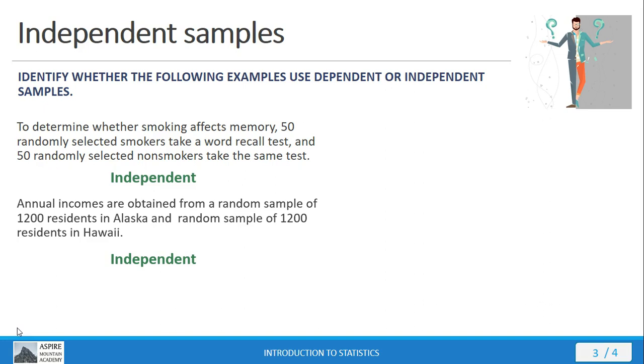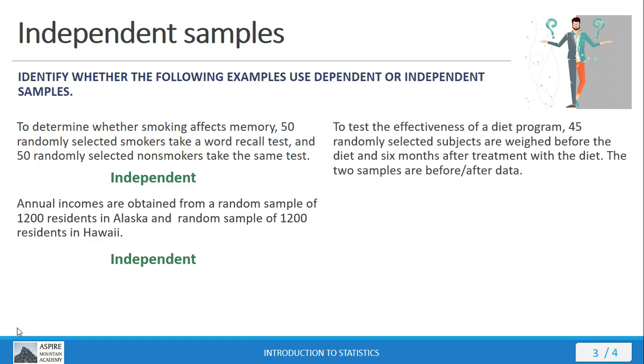You've got a group of people from Hawaii and a group of people from Alaska, but there's nothing that connects a person from Alaska with a person from Hawaii. Because there's no relationship that you can use to match individual members of each group, you're looking at independent samples.